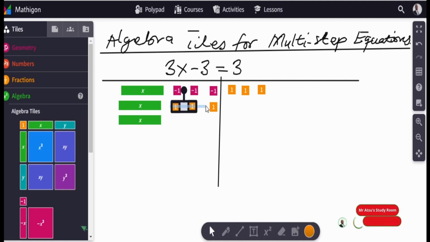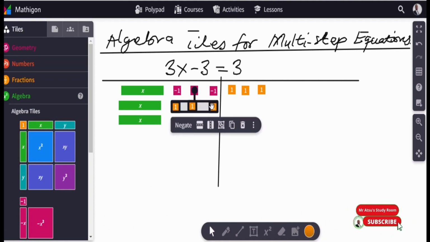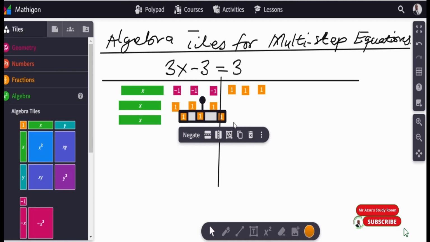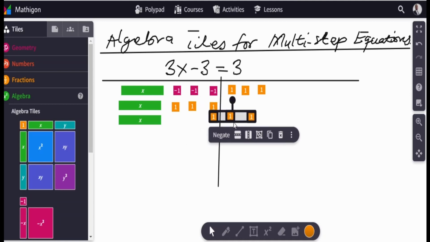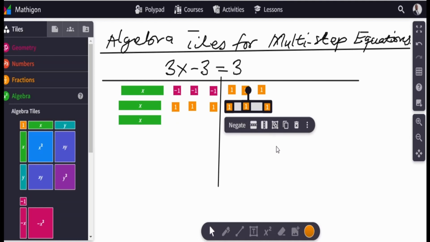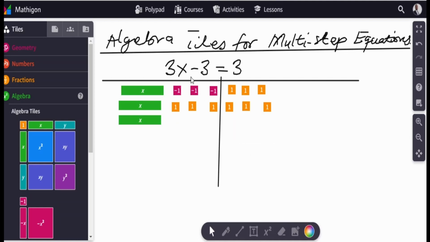So let's add this 3 we added to the left side also to the right side. So we have this here. Right. So immediately we add this 3 to the negative 3. They cancel out and we'll have 0. So let's eliminate that. And then now we have 3x being equal to 6.